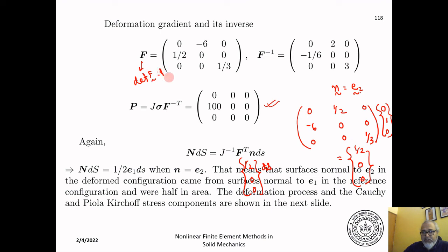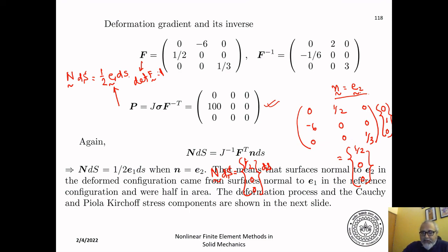You can verify that the determinant of F is 1, so J doesn't count. So this is what capital N d capital S is. You can write this as capital N d capital S as half E1 times d small s, which means that a surface which has a current normal of E2 came from a surface whose normal was in the E1 direction, and it had half the area as in the deformed configuration.